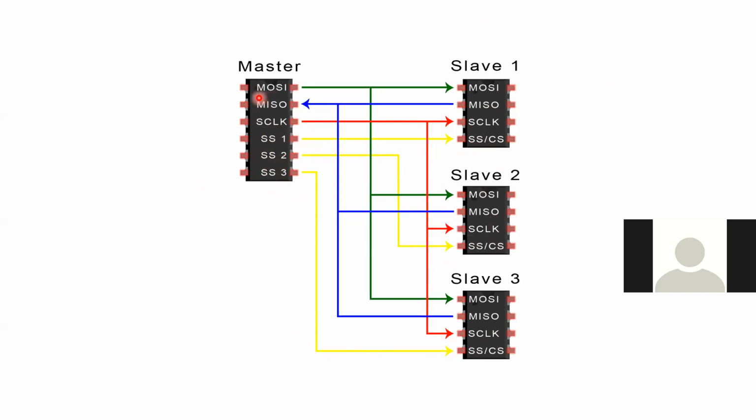Okay. Then MOSI. MOSI means what? Master out. O is always out, I is always in. M stands for master, S for slave: master out, slave in. Yes. So master to slave. MISO?